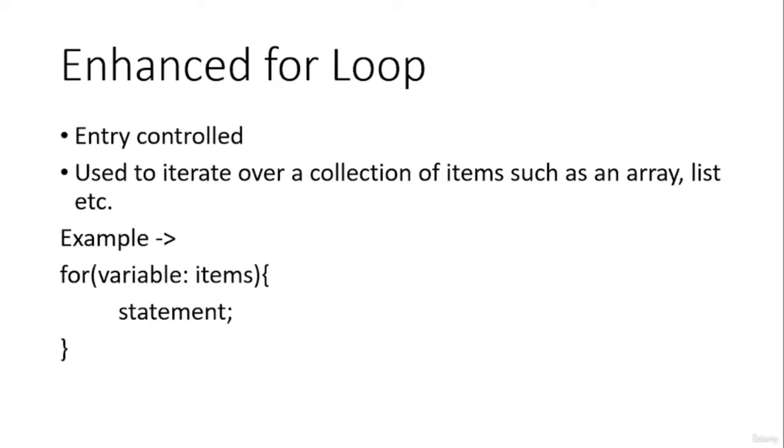It has a syntax like the for loop: a variable has to be declared, and a colon we have to write, and then you mention the name of the list or the array, and in that statement you write the particular statement which you want to iterate over a number of times. So the enhanced for loop is much more compact. It is used mainly to iterate over collections and lists. And now we'll see the practical for this section to understand more about for loops.